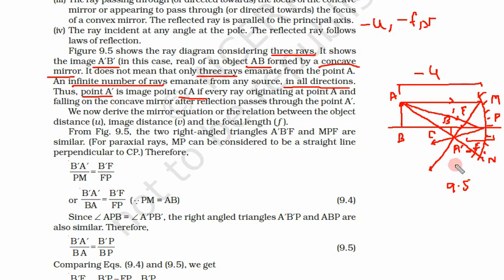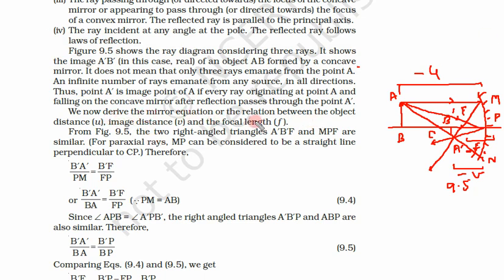And what is v? v is the distance of the image of this point from the pole. So all distances we consider from the pole: the distance of the object from the pole, the distance of the image from the pole, and the distance of the focus point from the pole. So now we are going to solve this mirror equation.